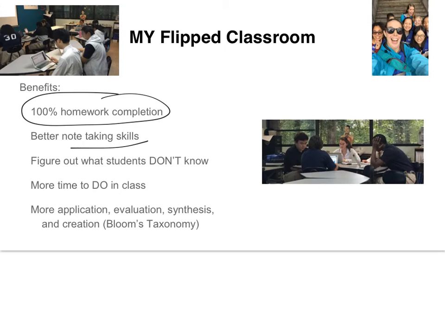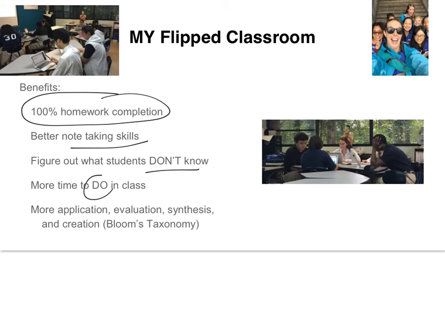And then I will walk around and I will give them tips individually on how to take notes better, using bullet points, using abbreviations, those kind of things. It helps me to figure out what students don't know when they come in. It's kind of our job as educators to figure out what kids don't know and then to supplement.